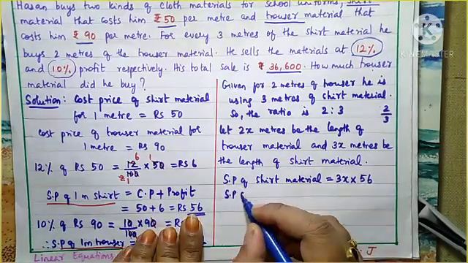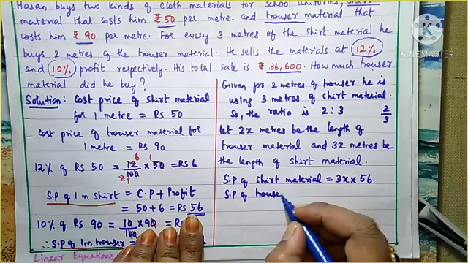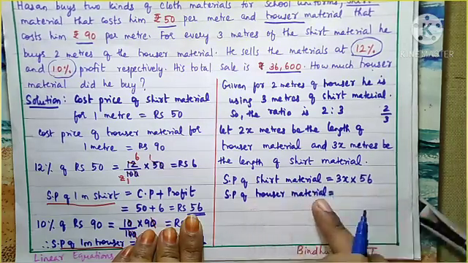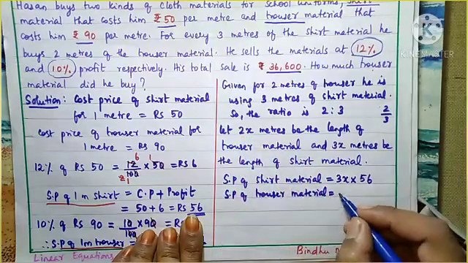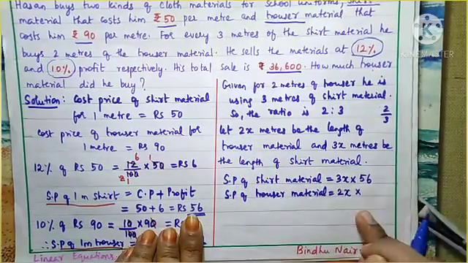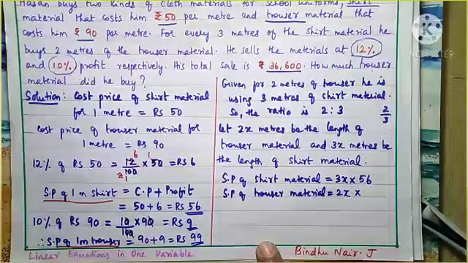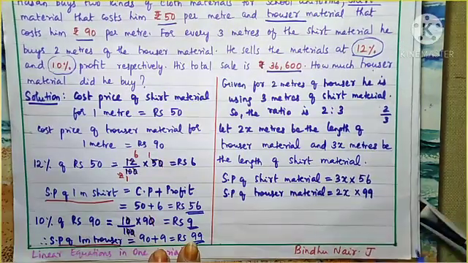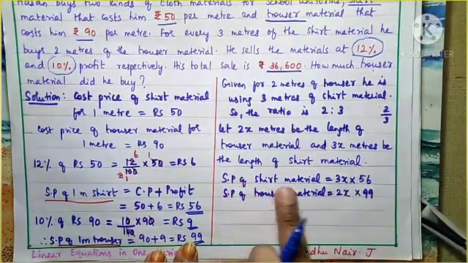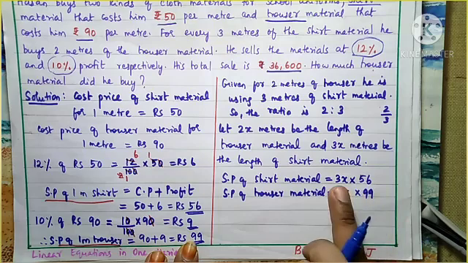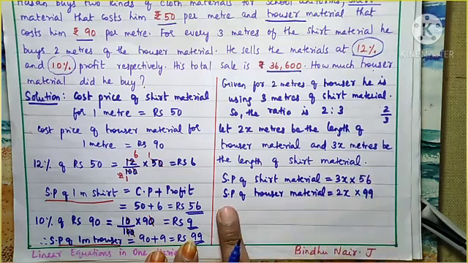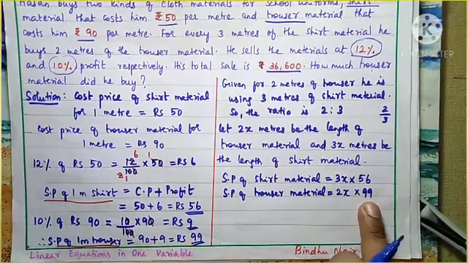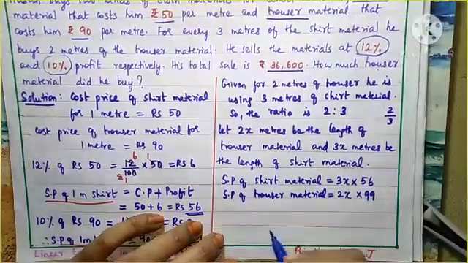Similarly, what is the selling price of trouser material? Yes, total trouser material we have taken as 2x. So 2x into what is the selling price of 1 meter trouser we have calculated? 99. Okay. So selling price of shirt material is 3x into 56 and selling price of trouser material is 2x into 99. Now the total selling price.